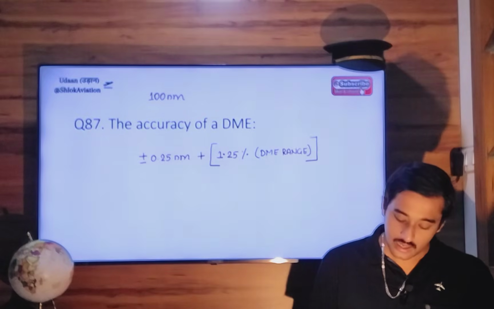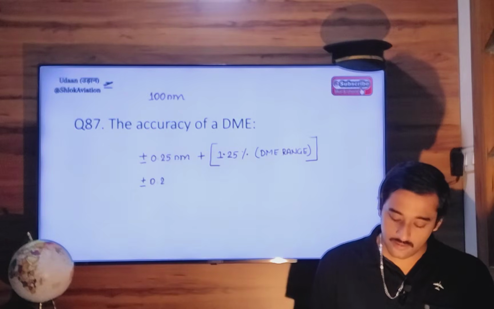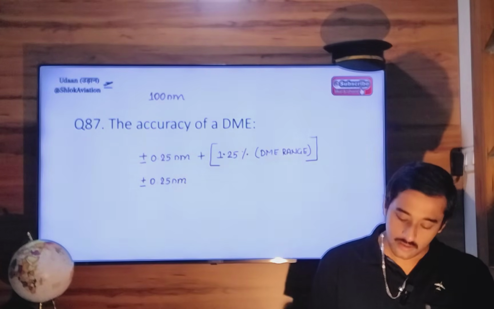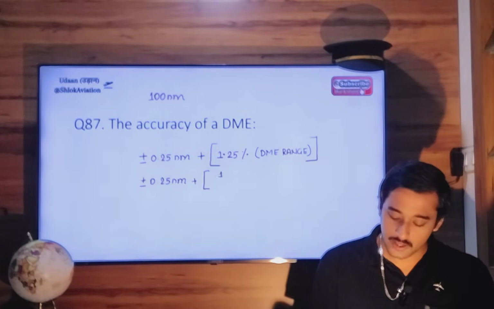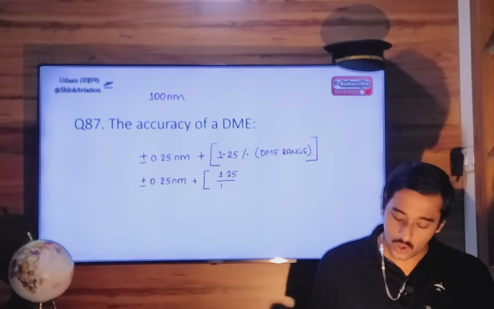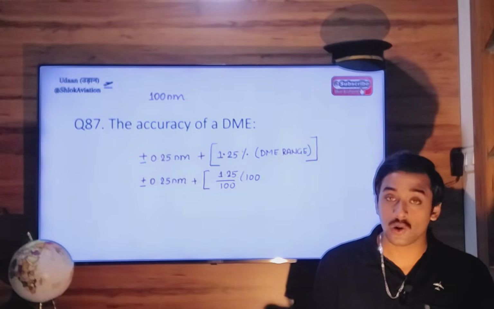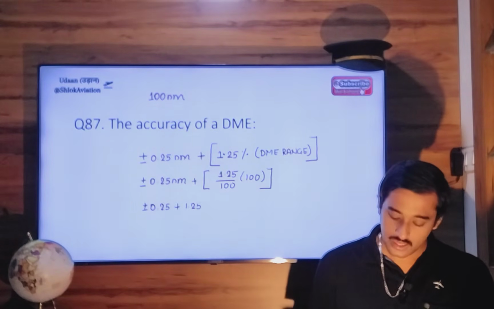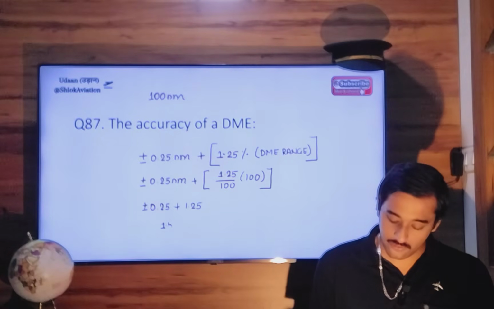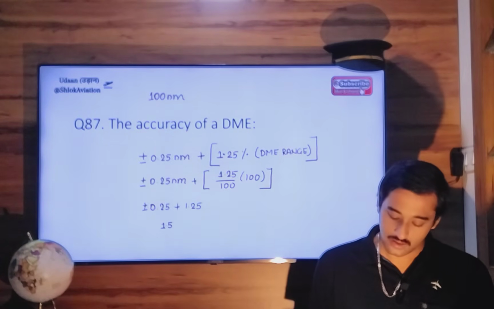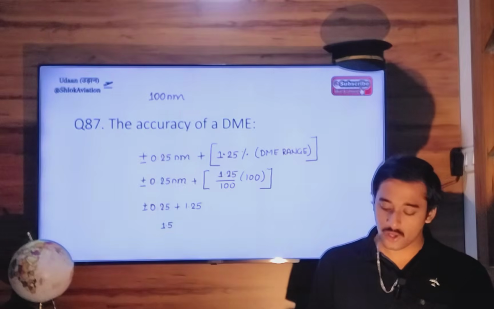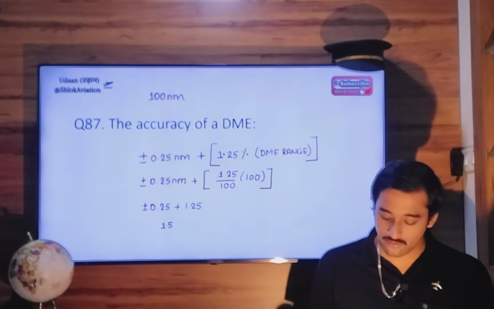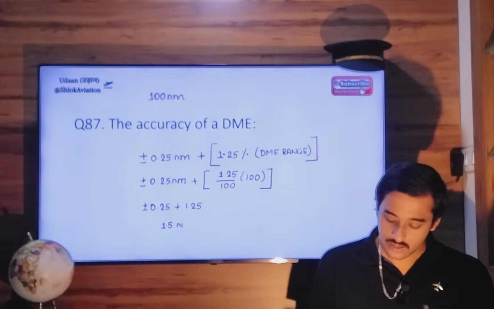That means plus minus 0.25 plus 1.25 percent of 100, if 100 nautical miles is shown. That is equal to plus minus 0.25 plus 1.25, that is equal to 1.5 nautical miles.